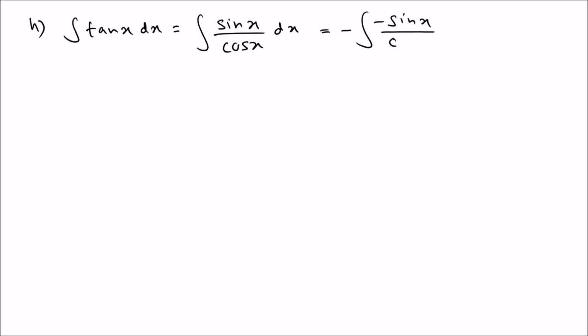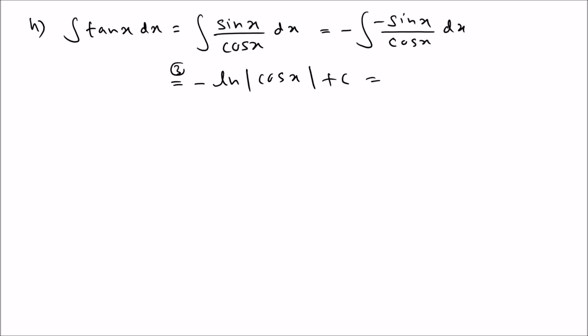Now you can see this is formula number 3. Using the FF trick, this is simply negative ln of the bottom function, plus c. This is actually the substitution method, but you can get the answer much faster.